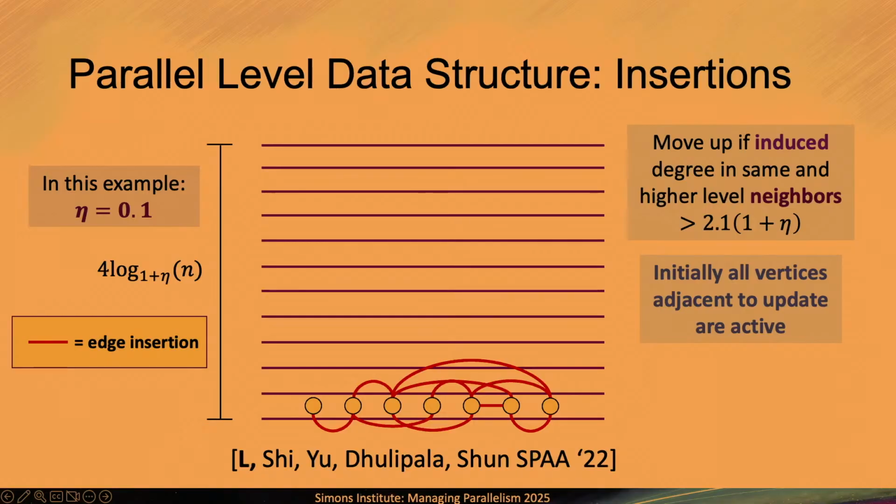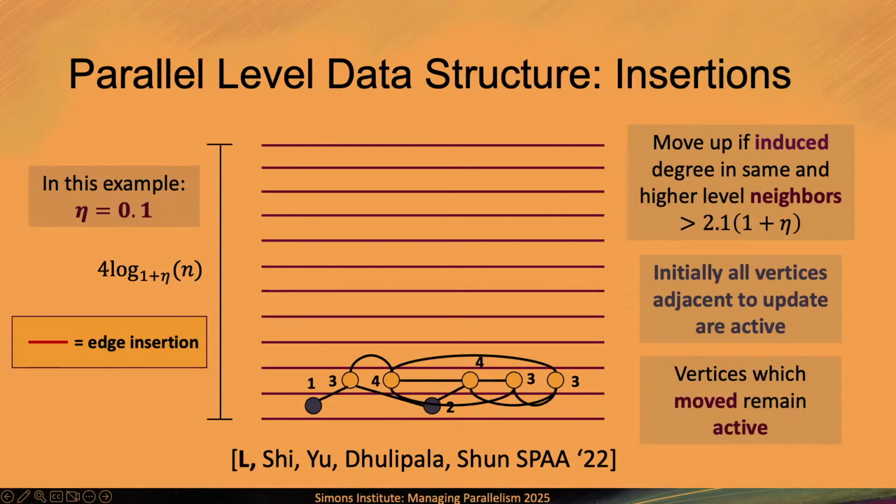If each of these induced degrees is greater than 2.1 times (1 plus eta), then you move the nodes up. Here are the induced degrees. Suppose that eta equals 0.1; you move up these nodes. All of these nodes remain active, and the blue nodes become inactive.